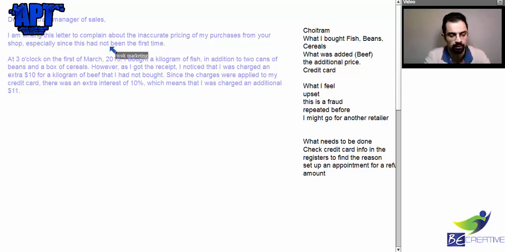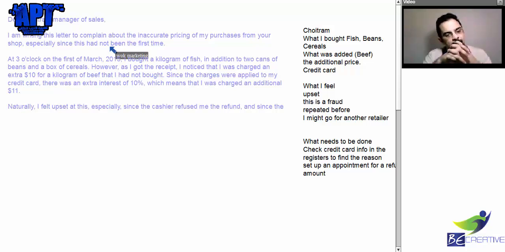Then naturally, I felt upset at this, especially since the cashier refused me the refund, and since this was not the first time either.